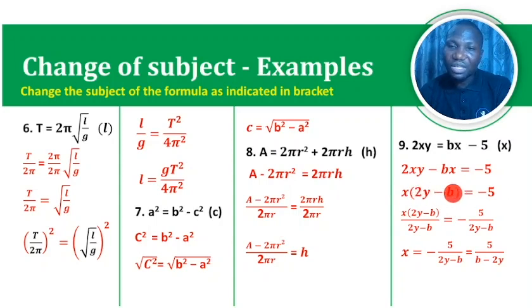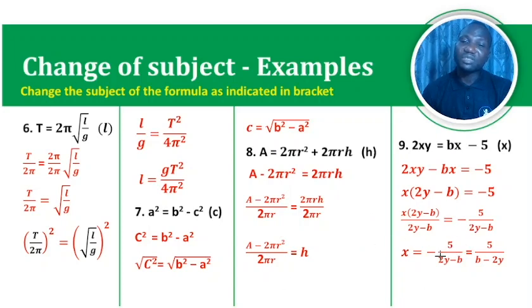So to remove the x, what do we do? We divide both sides by 2y minus b. This will cancel this. Therefore, x is equal to negative 5 all over 2y minus b.